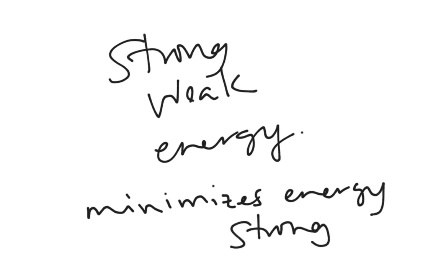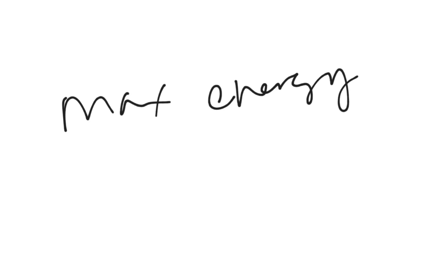If we have a bond that maximizes energy, that will be a weak bond. So just like everything in chemistry, it's backwards, right? The first bond that we're going to look at is the ionic bond.